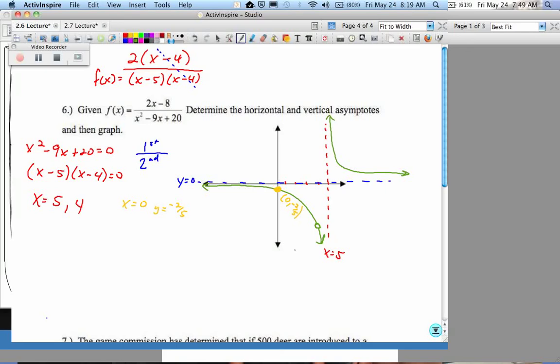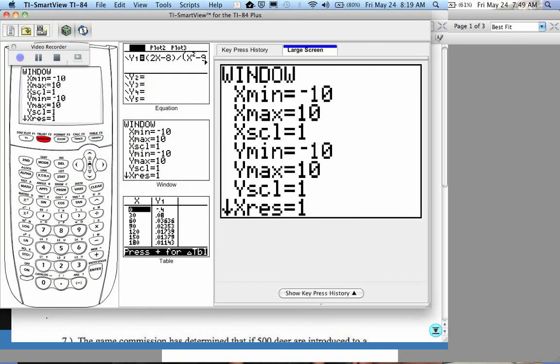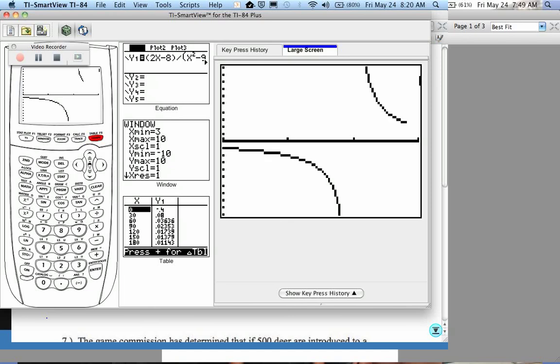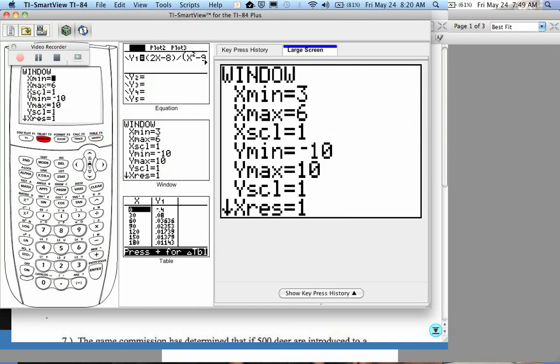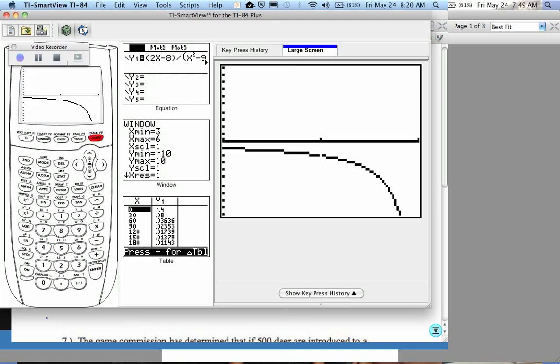So if you go back to the graph, I'm going to switch my window, you can just watch up here. I'm going to go from 3 to 6. So I went 3 to 5 this time.